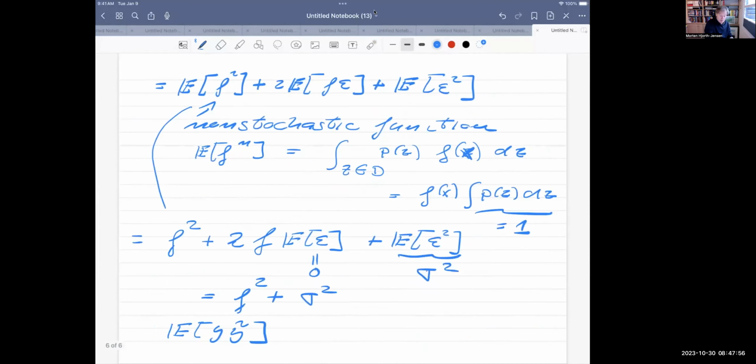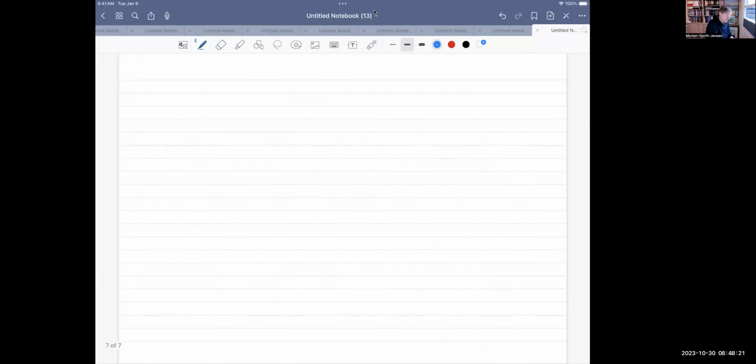If we write it out, this is nothing but the expectation value of f plus epsilon multiplied with y tilde. And this is again given by the following expression. So let's just do that. This will be given by E of f times y tilde plus the expectation value of epsilon times y tilde.